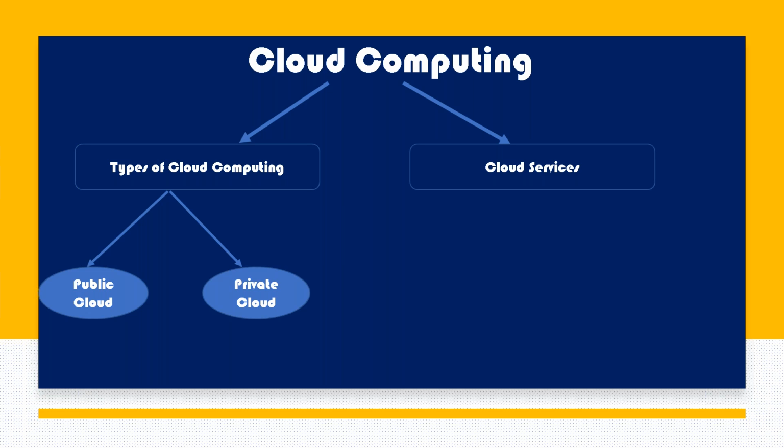Then I need a separate cloud like Azure, Amazon or Google Cloud, and I can go with a private cloud. It will be available only for my organization. The cloud features will be accessible only to my organization's employees, and the data center and everything will be maintained by my organization only.